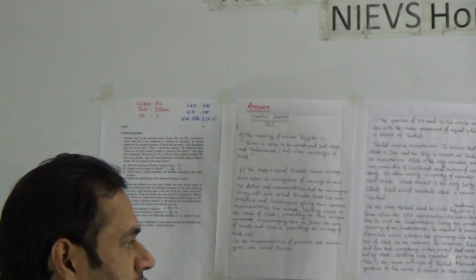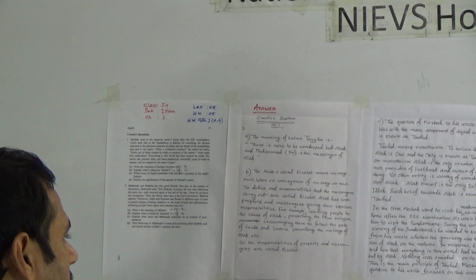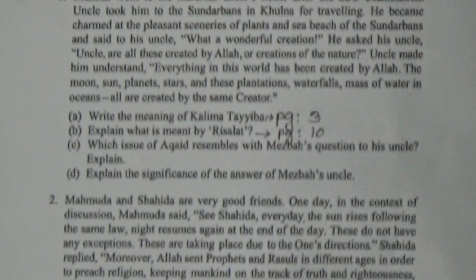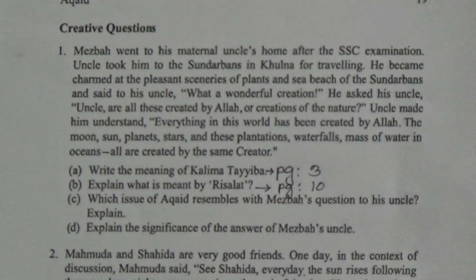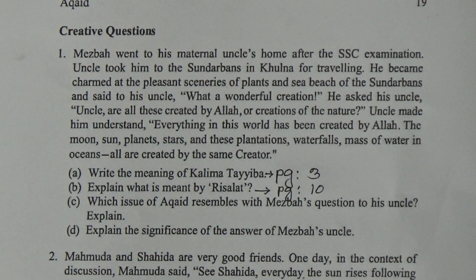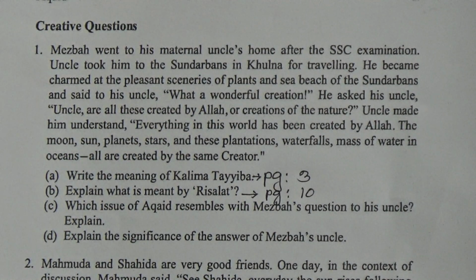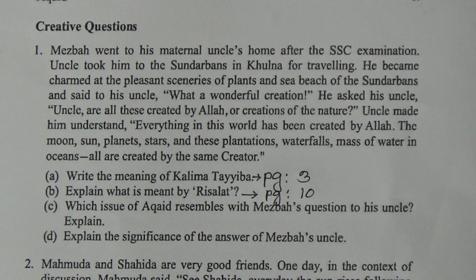My dear students, before starting the class, I would like to say an important piece of information for you: for a creative question there is a given passage which is called the stem, and it has 4 questions.